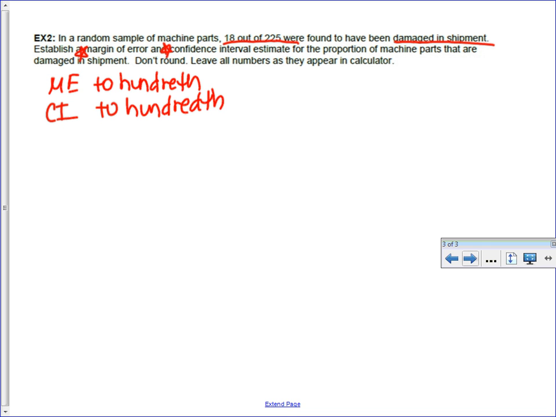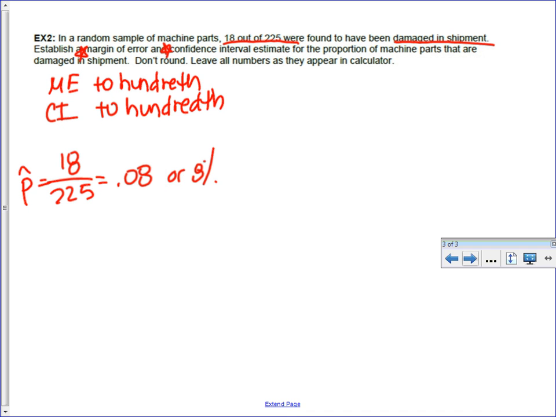Okay, so let's start out with, first of all, we need to find our sample proportion. So the sample of machine parts was 18 out of 225. So this represents my sample proportion. So that is 0.08, or you can think of it as 8%.